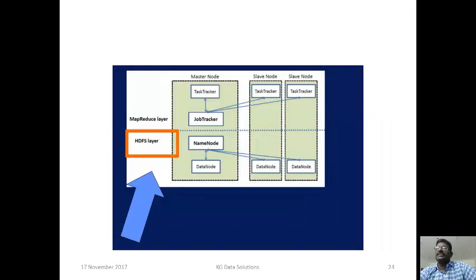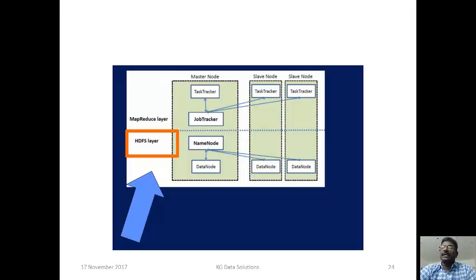HDFS and MapReduce, as I told earlier, are the two most important components in big data. One is HDFS. So what is HDFS? HDFS is a layer where you store the data, and MapReduce is a layer where you process the data. If you look at that, we have a master node and a slave node. In the HDFS layer we have something called the name node.